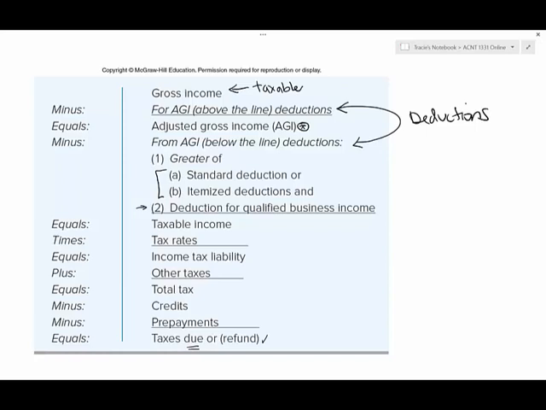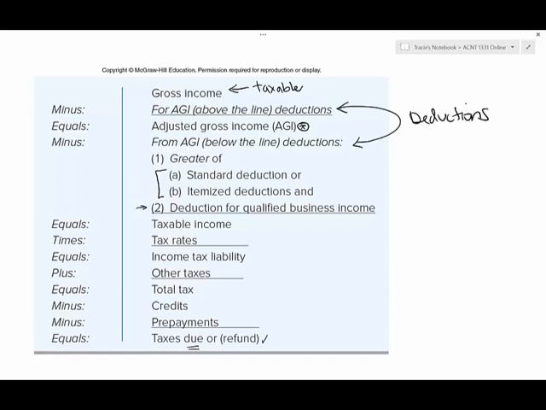We subtracted out for AGI deductions, things such as our health insurance for self-employed taxpayers, our business expenses, our rental expenses, and self-employment taxes. We got to adjusted gross income. We then subtracted out our from AGI deductions, which is the greater of the standard or the itemized deduction, and also our new deduction for qualified business income. That got us to our taxable income.